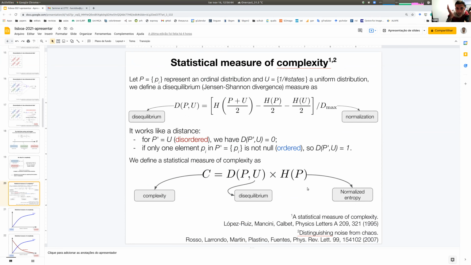So when I saw this, I thought I have a one-by-one relation between complexity and entropy. So I suspect that I would gain nothing from looking at the complexity plane against the normalized entropy.